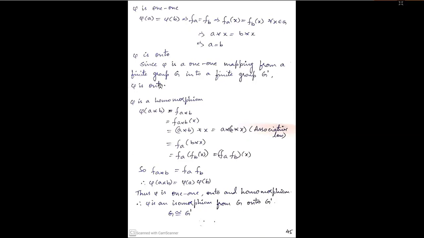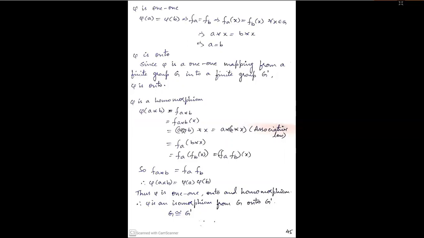Next, we need to check that phi is a homomorphism. That means phi(a * b) = f_(a*b), from the definition. I can write f_(a*b)(x) = (a * b) * x. And you know that G is a group, so it satisfies the associative law.